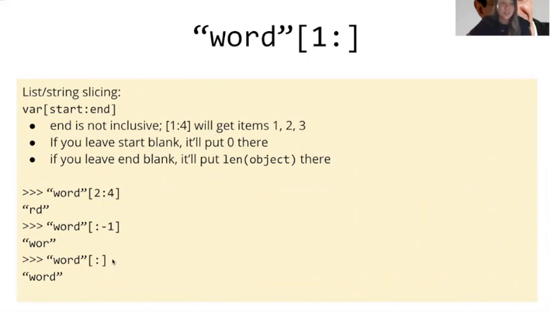This is technically saying that I'm going from 0 to 4. And then this would get the letters at the indices 0, 1, 2, and 3. And that gives us all of the letters. So that's why we use the length of the object as the default ending number, because this will give us all the way up to the end of the word.